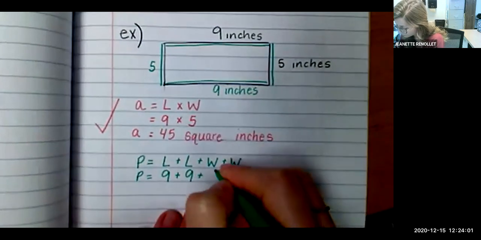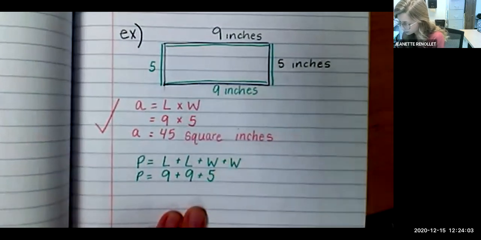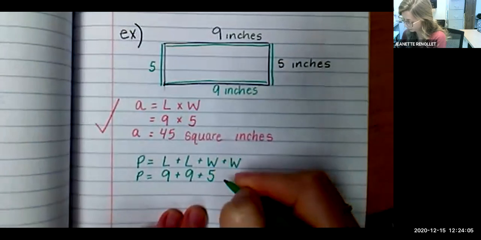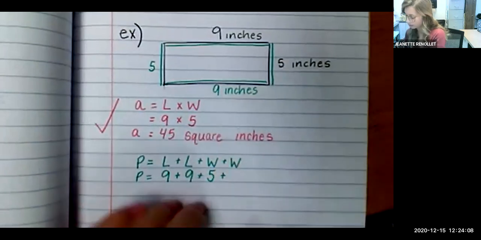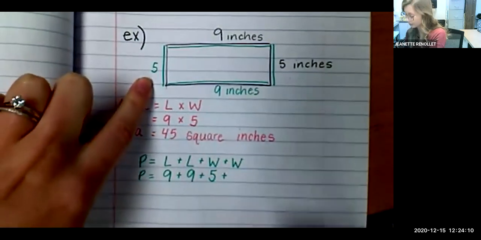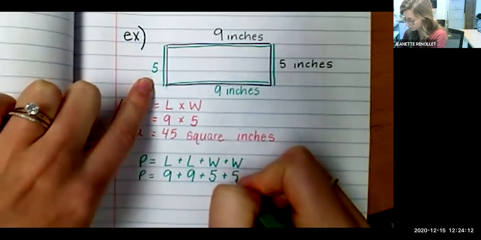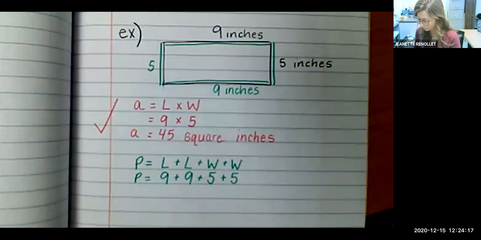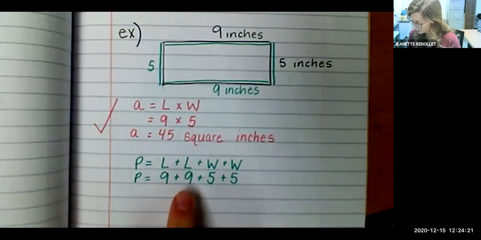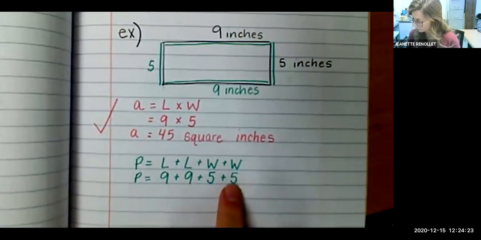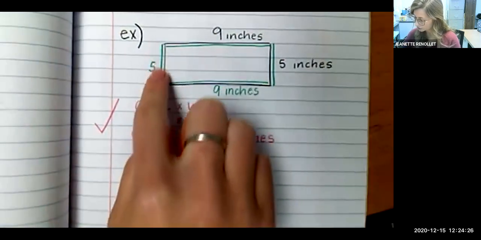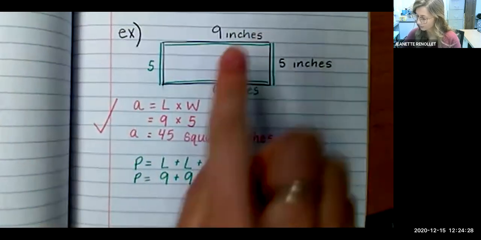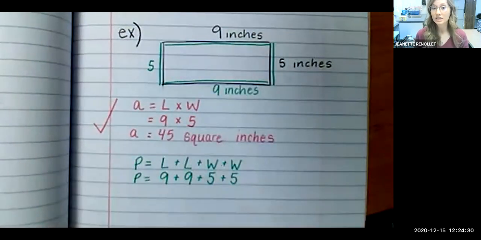I'm going to add 5 plus my other side. Then I'm going to stop and make sure I have 4 sides that I'm adding together. 1, 2, 3, 4. I'm ready to measure the distance around my shape.